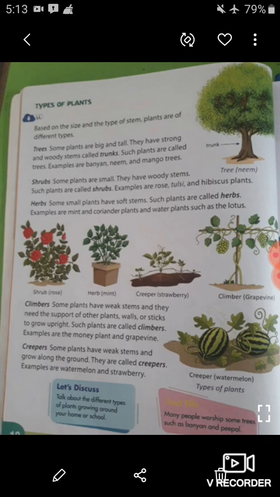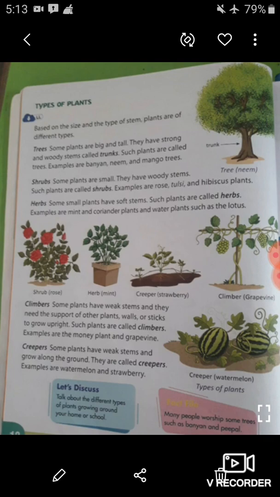So students, what are herbs? Plants that have soft stems are called herbs, and examples of herbs are mint and coriander and water plants such as the lotus.